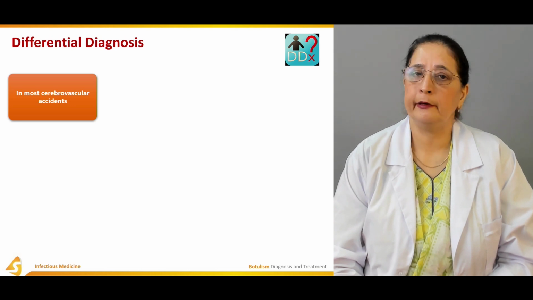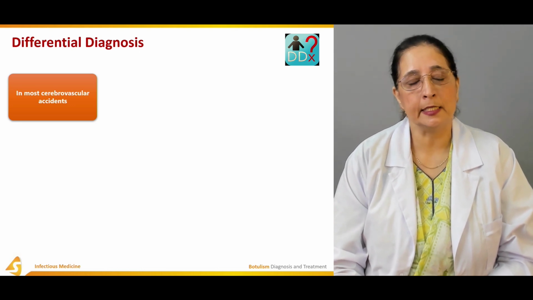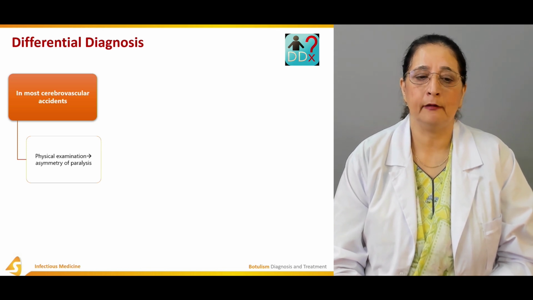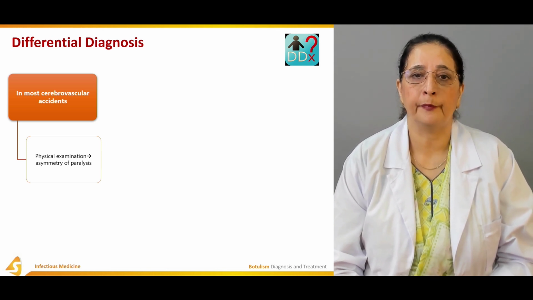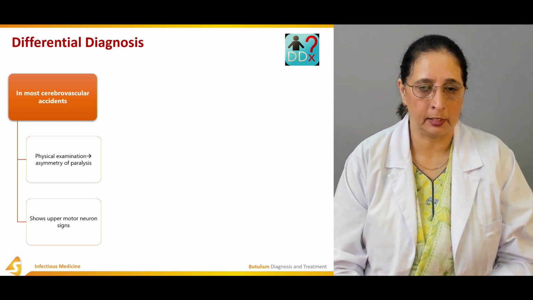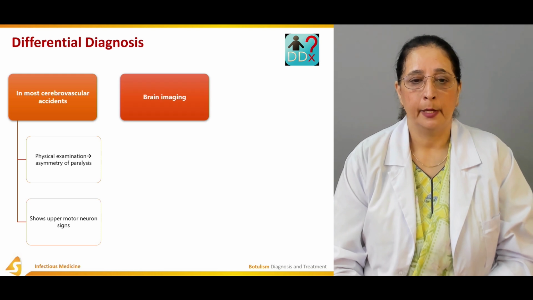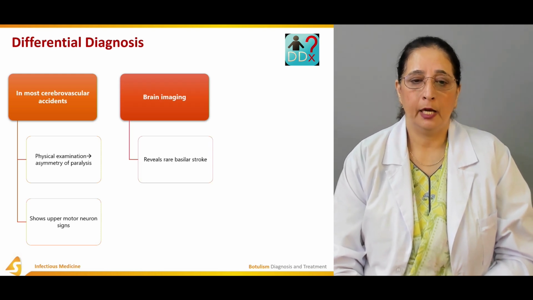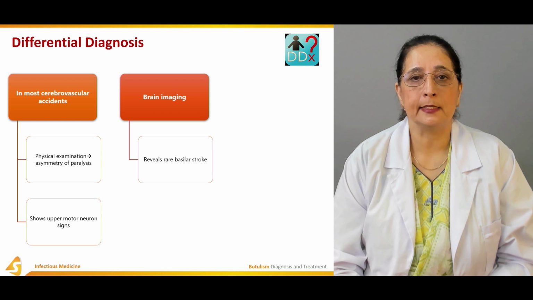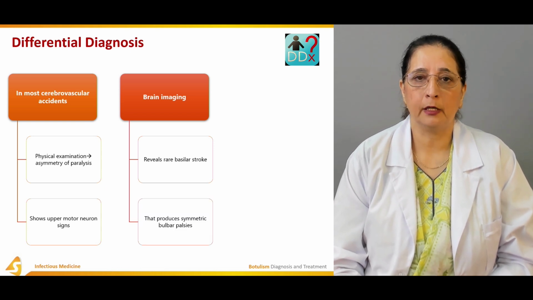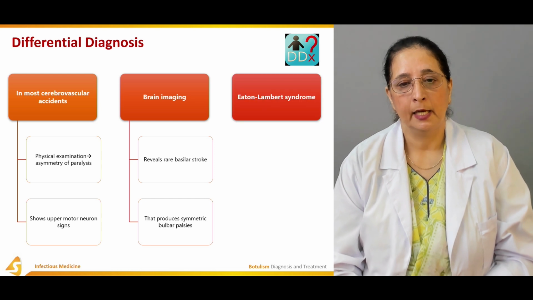In most cerebrovascular accidents, strokes, CVAs, on physical examination there is asymmetry of paralysis, not symmetrical, and they show upper motor neuron signs. Brain imaging reveals a rare basilar stroke that produces symmetric bulbar palsies.